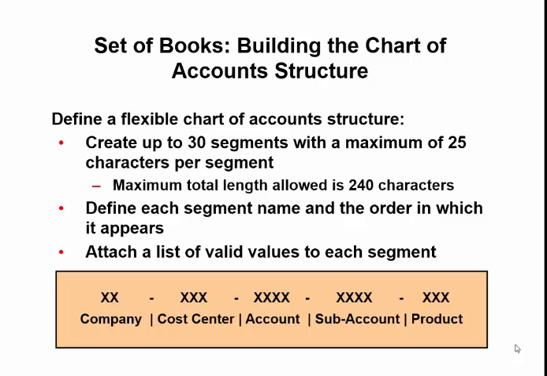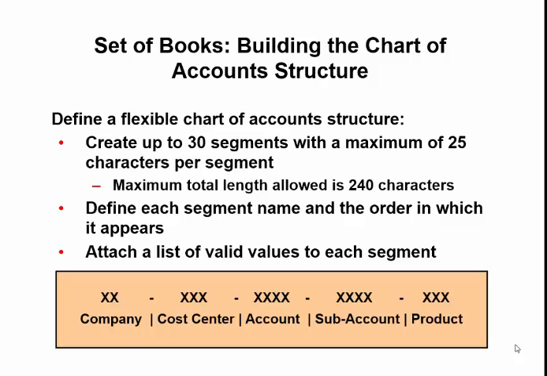Now, this is not a uniform or a standard chart of accounts or account structure. Every organization will have its own structure, like how many segments, what the segments are referring to. It all depends upon the particular industry they are in. Usually the industry will have a standard, and they would be following that standard. And why?